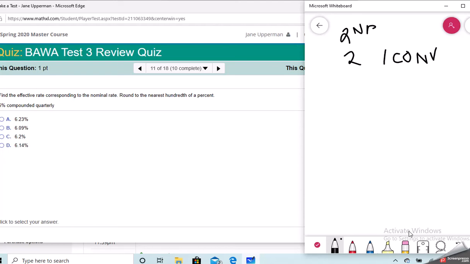The first field I come to is NOM, which stands for the nominal rate. In this case, it's going to be 6 because it's 6% compounded quarterly. When you're inside this field, you have to push enter. So you push in 6 and then push enter.